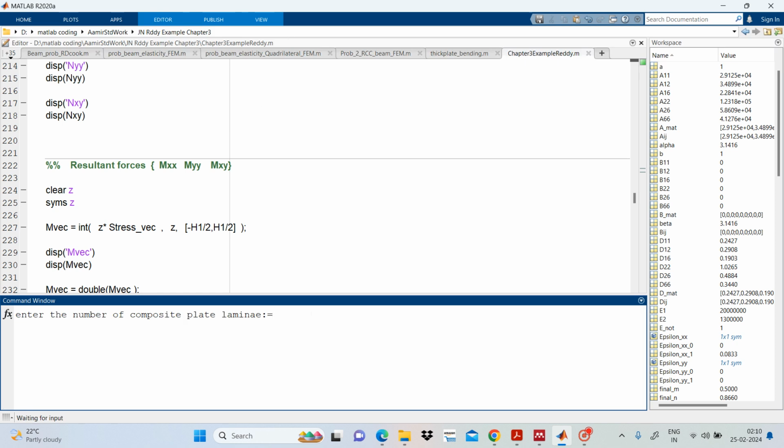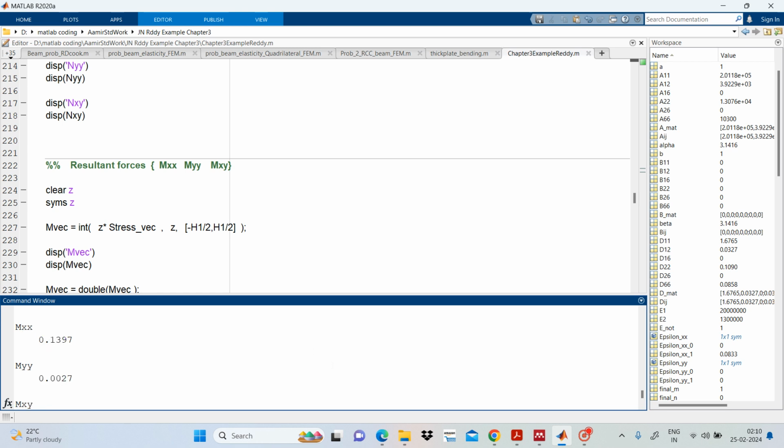Number of composite laminates is 1. Enter the height of the laminate as 0.01, and 0 degree orientation means the fiber axis coincides with the laminate axis. So mxy is 0 now. Mxx is 0.1397, myy is 0.0027, and mxy is 0.